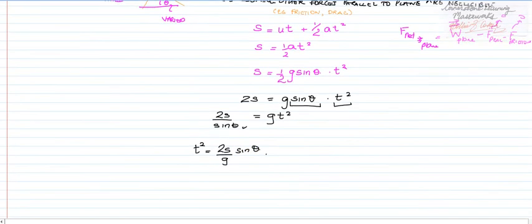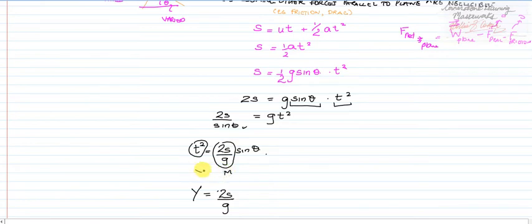Now t is unknown, so t squared will also be unknown, on our y-axis. 2s on g will be a constant because we're keeping the distance constant.